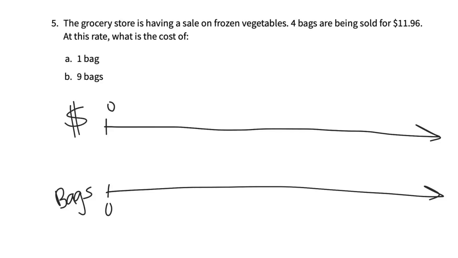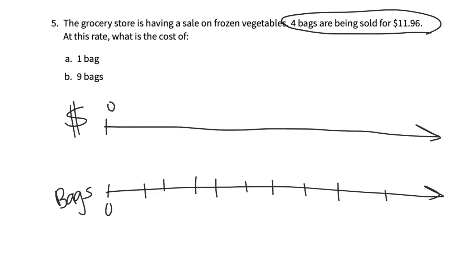The initial ratio they give us is 4 bags. 4 bags is $11.96. So we know that this line right here is $11.96.